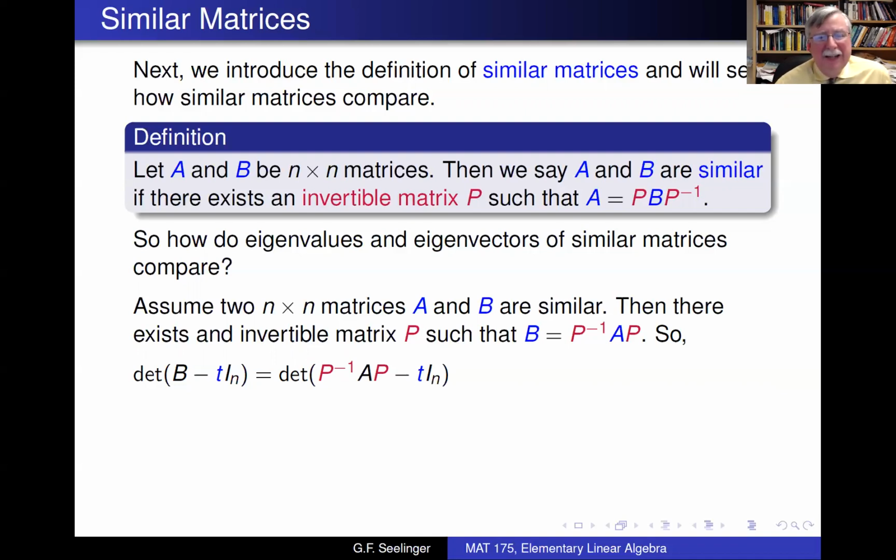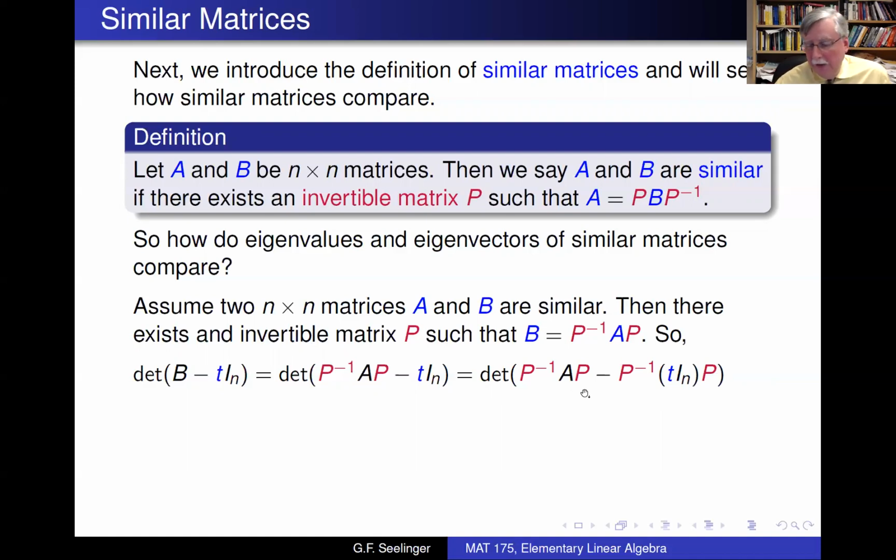The nice thing about the identity is I can view this as P inverse A P minus P inverse T times the identity times P. The identity commutes with all matrices, so I can move this on the outside. The P and the P inverse cancel. This is one case where I know I can reorder the matrices. So this is really the same thing as multiplying and dividing by the same number. I'm just putting this in so that it will match this form here.